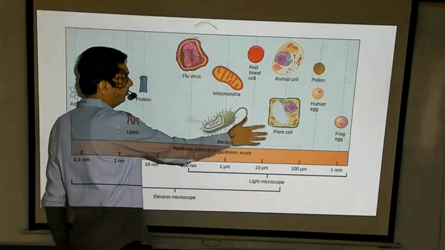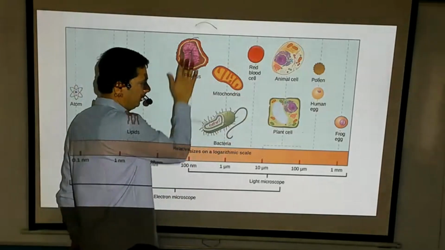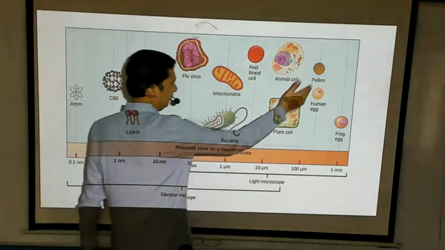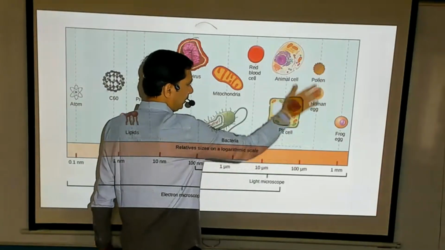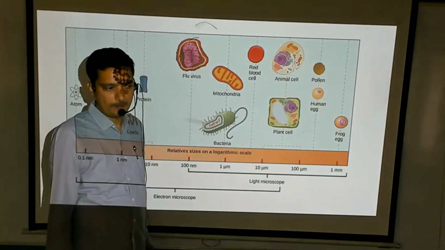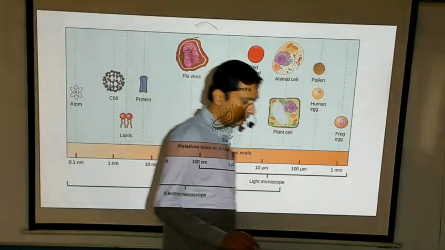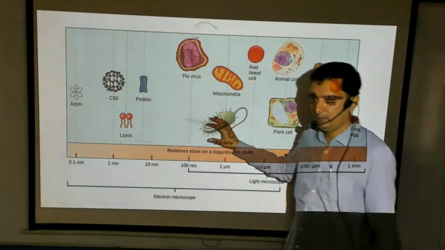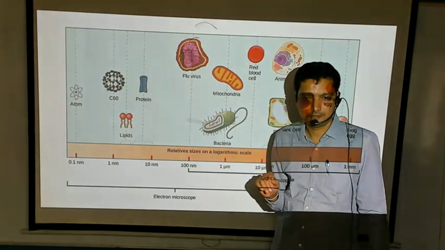Viruses can also enter our bodies and cause infections. Viruses are different from these two. We'll learn that. Then pollen, egg cells, frog egg cells, etc. are even bigger than that. This is to give you a picture of how big and how small our cells and bacterial cells are and those that make them up.